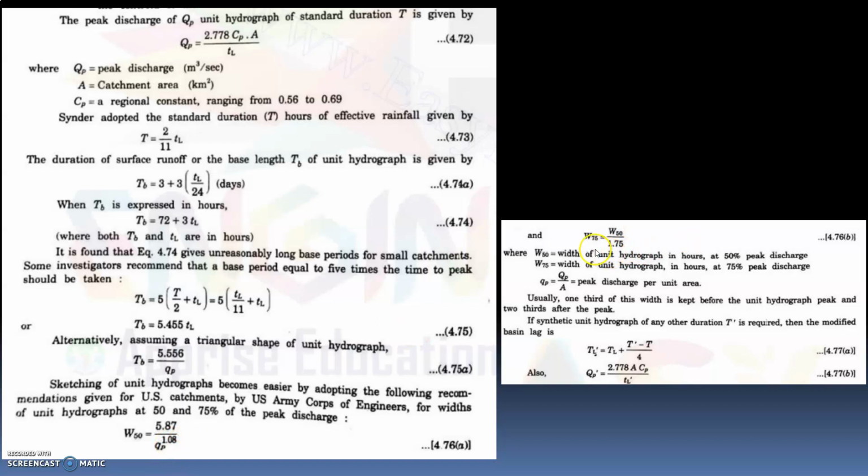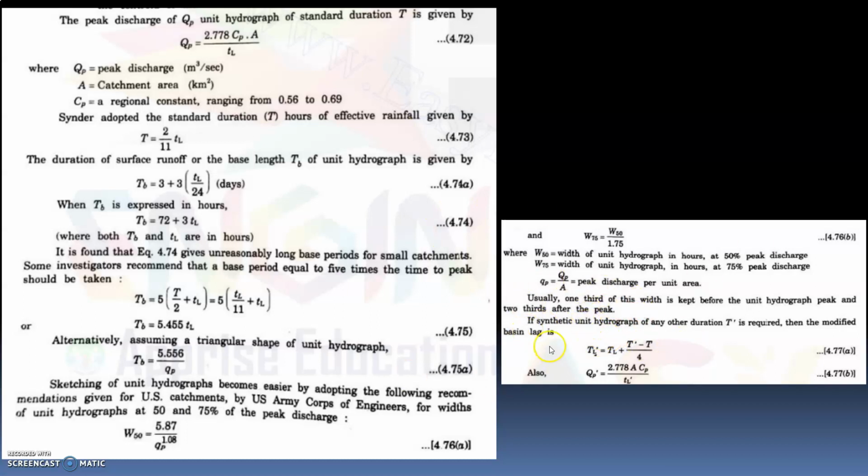For 75%, W75 is equal to W50 divided by 1.75, where W50 is width of the unit hydrograph in hours at 50% peak discharge, and W75 is width of unit hydrograph in hours at 75% peak discharge. Small qp is equal to capital QP divided by A, that is, peak discharge per unit area. Usually, 1/3 of this width is kept before the unit hydrograph peak and 2/3 after the peak.